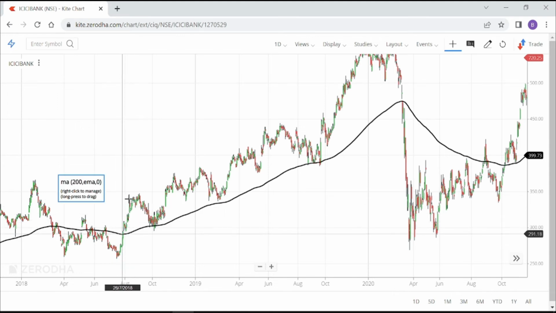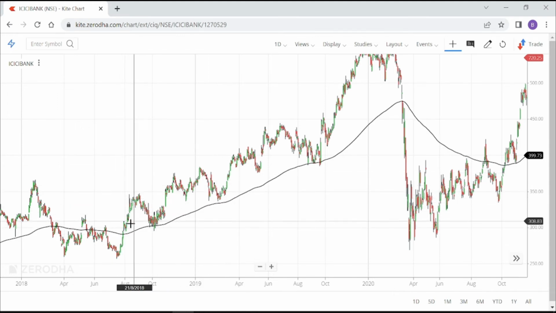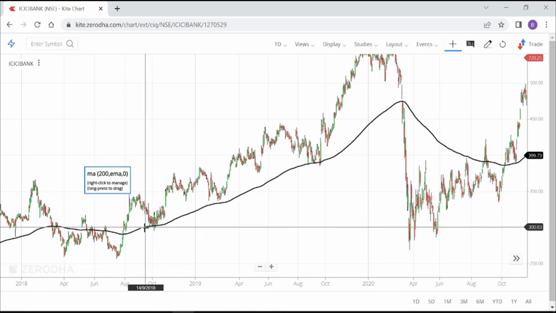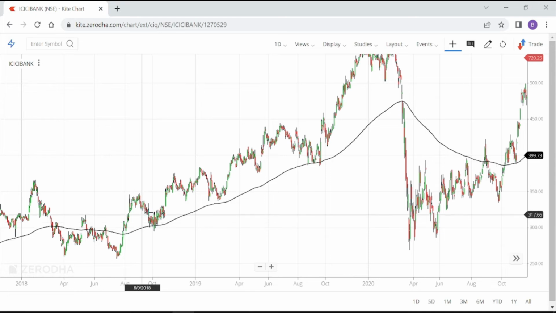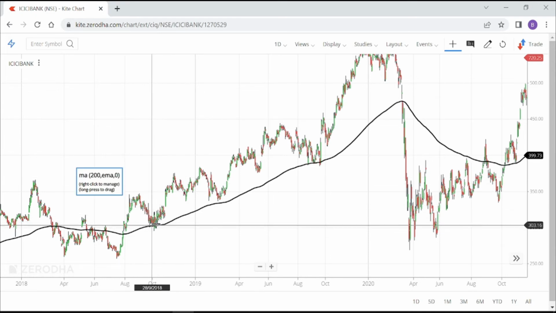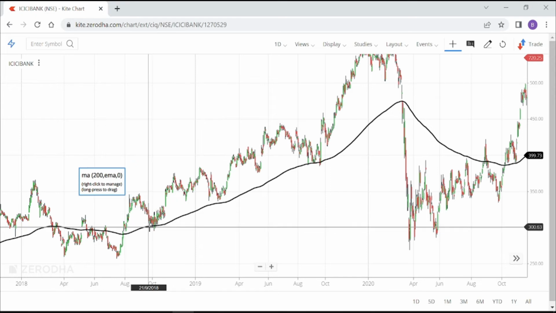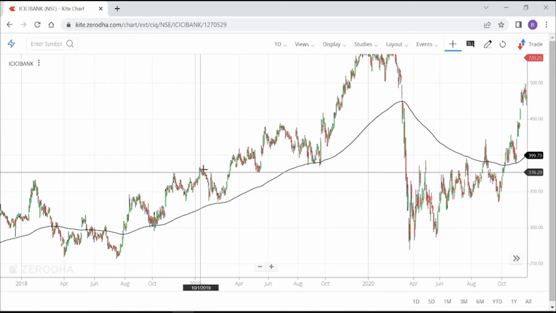Then, as long as the stock is trading above the 200-day moving average, whenever the stock comes back near the 200-day EMA, it considers this a strong support. You can clearly see there is price action at this level, and again it continued to go upside.